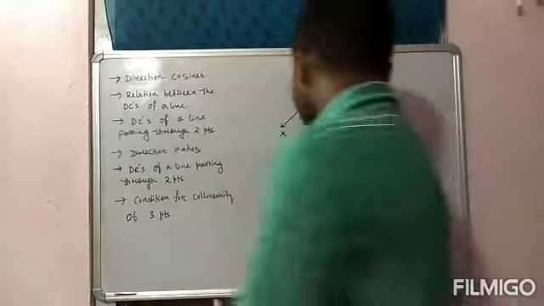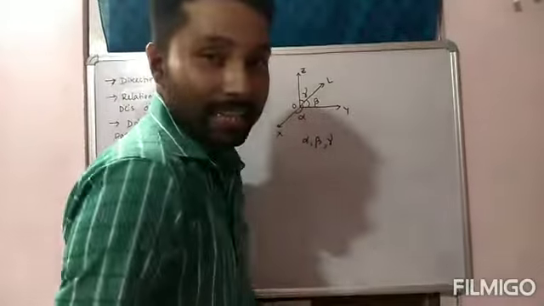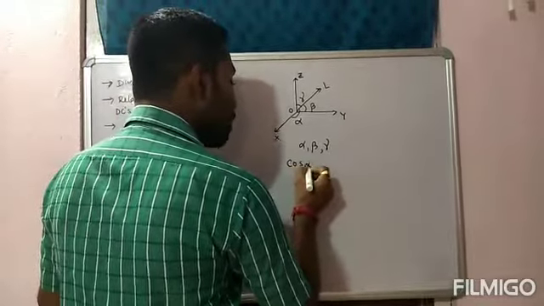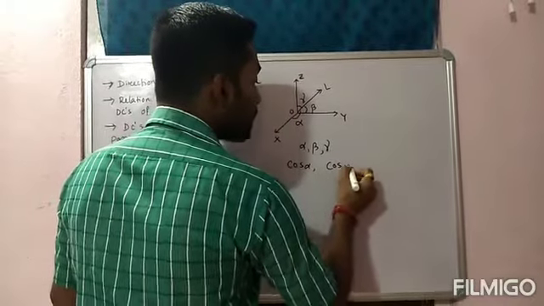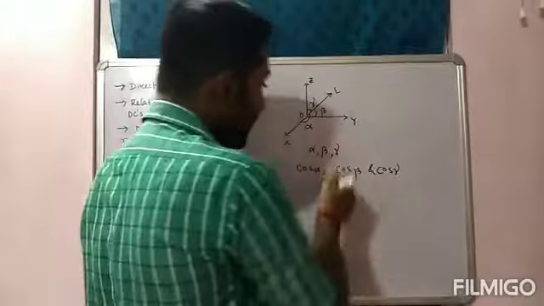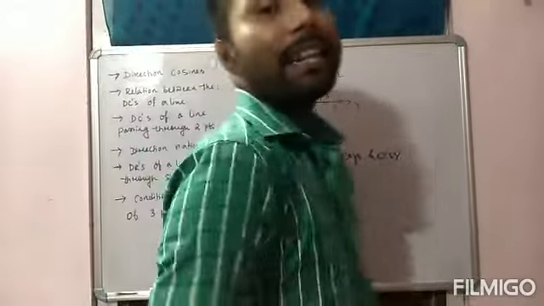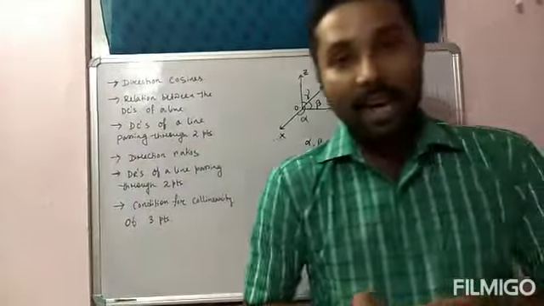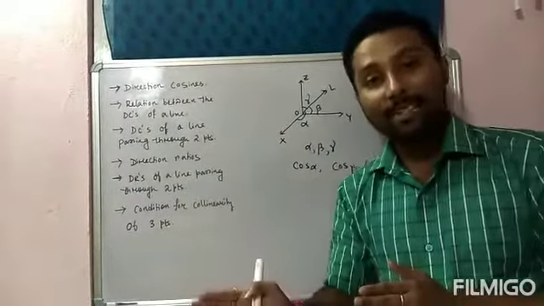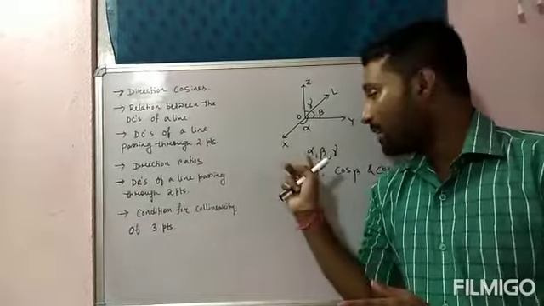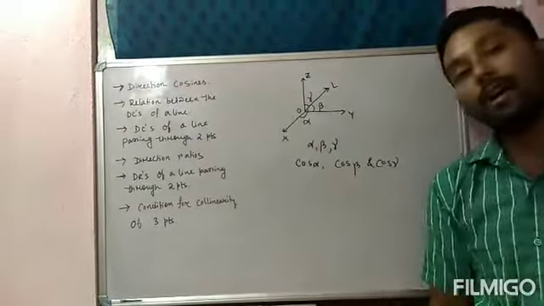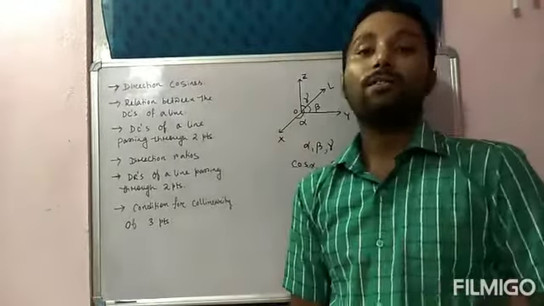And the cosine of these angles, that is cos alpha, cos beta, and cos gamma, are called direction cosines.